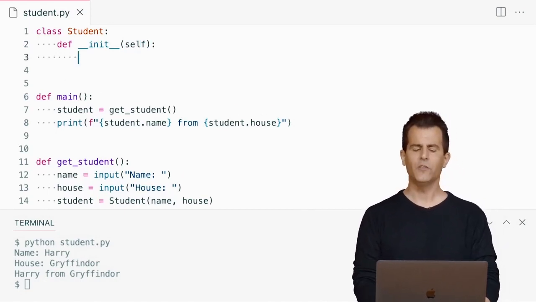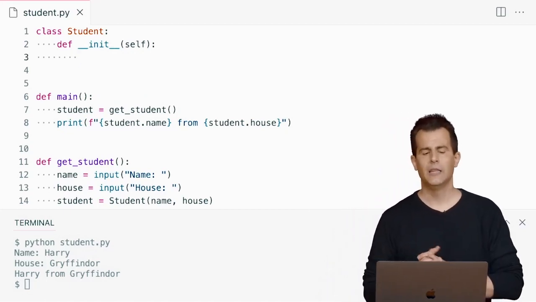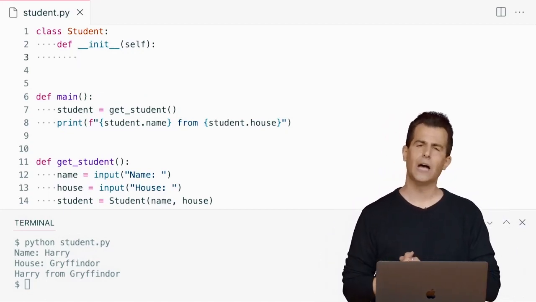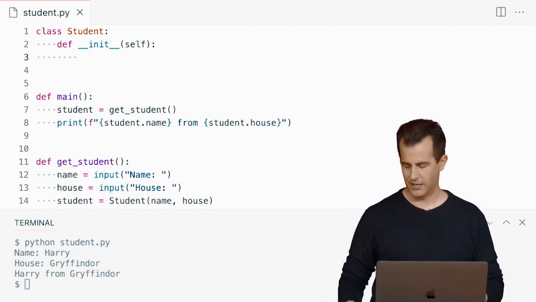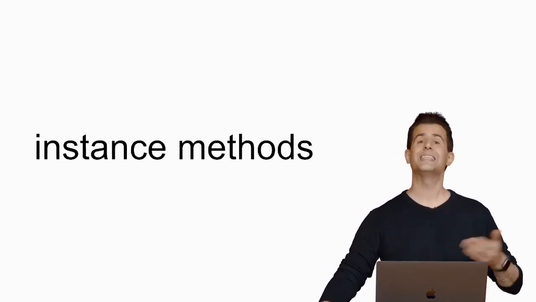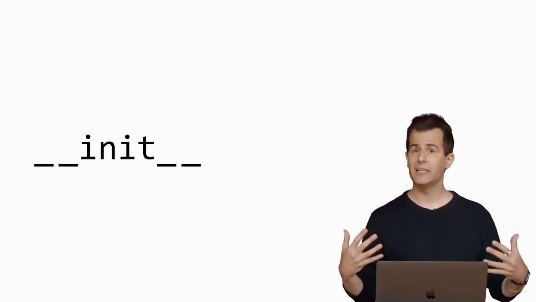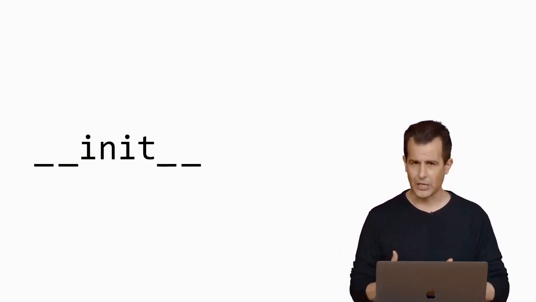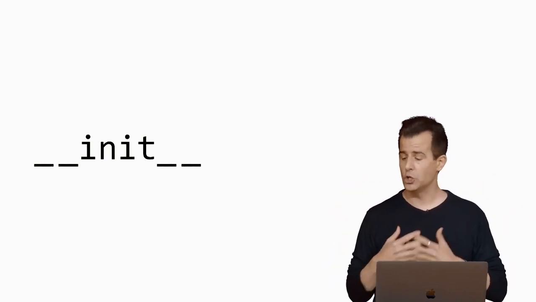But now inside of this function, I'm going to have an opportunity to customize this class's objects. That is to say, this underscore underscore init method, or dunder init method, is specifically known as an instance method, and it's called exactly this. This is designed by the authors of Python, and if you want to initialize the contents of an object from a class, you define this method, and we'll see what it's about to do here.